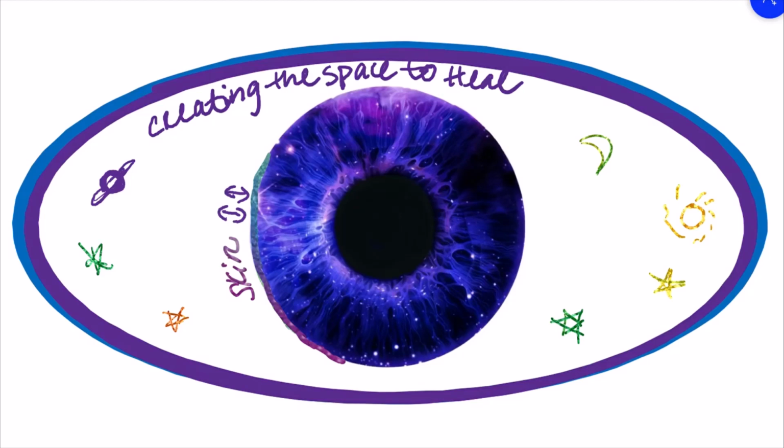So the top chakra is also known as the crown, or Sahasrara. And then the third eye. The top is related to the pituitary gland, and the third eye to the pineal.